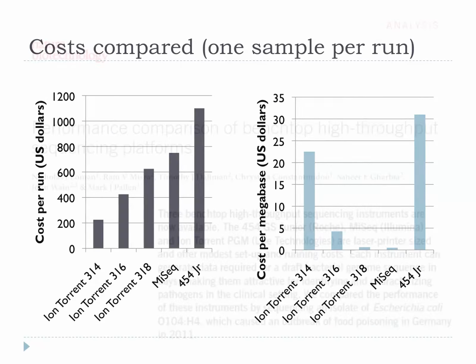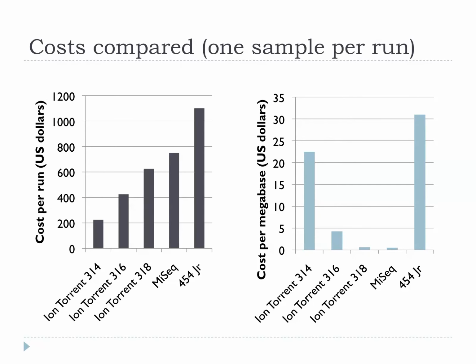So Nick Loman drove this forward and basically compared the performance of these three different instruments, the Ion Torrent, the MiSeq and the 454 Junior, on a variety of different criteria. In terms of cost per run, the 454 Junior is very expensive compared to the others.